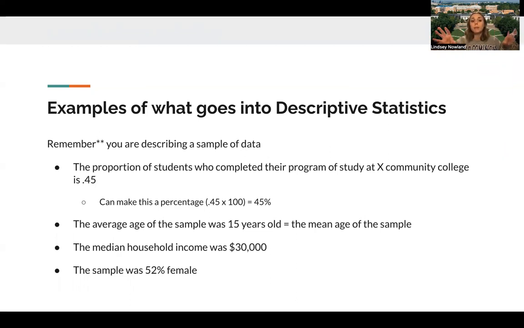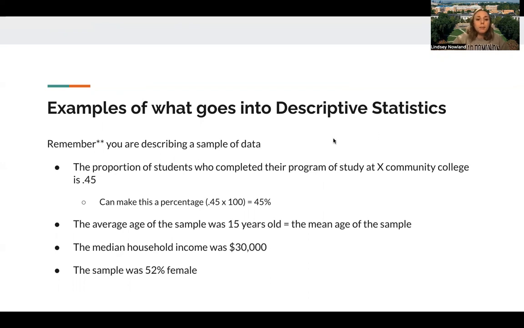You're just describing the variables in their whole form in the data that's already presented. So the proportion of students who completed their program of study at X community college is 0.45. This is just an example that I've come up with, but this is something that you might talk about when you are describing your data.